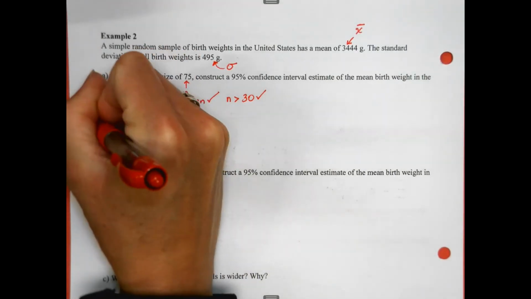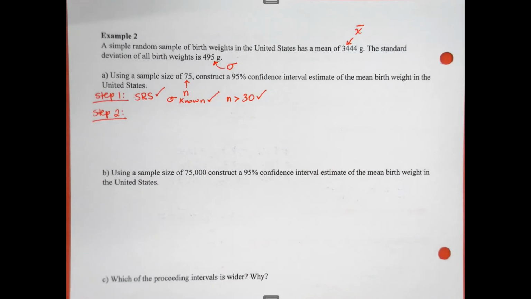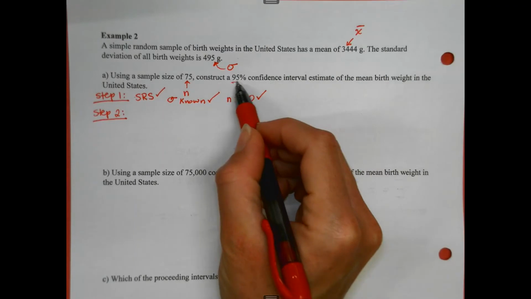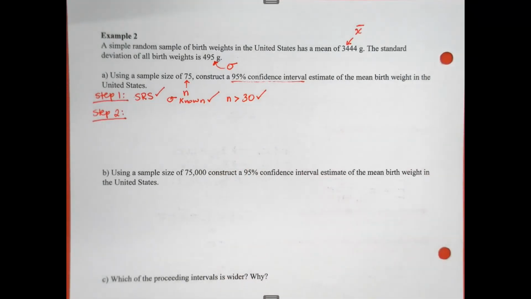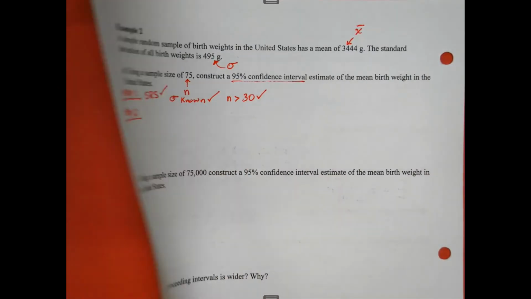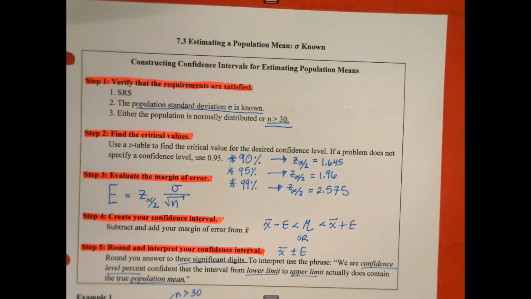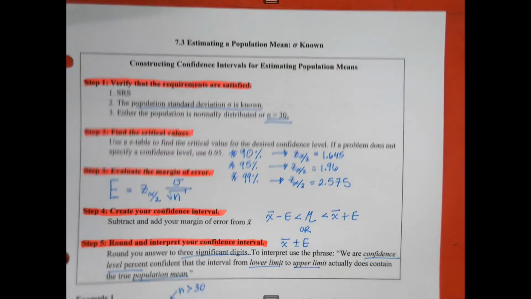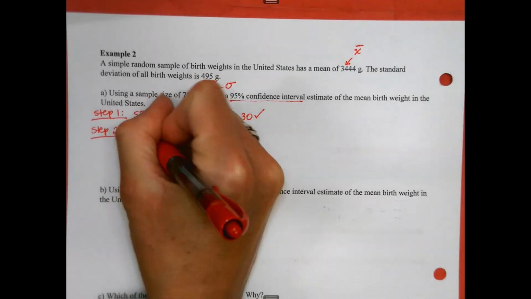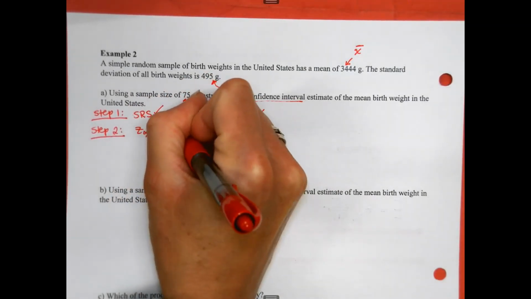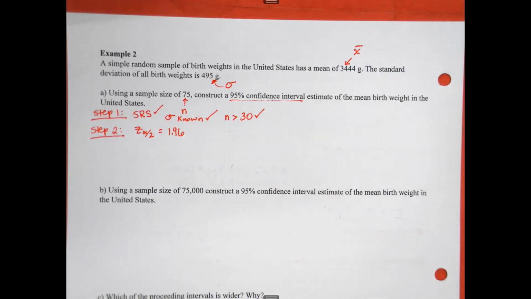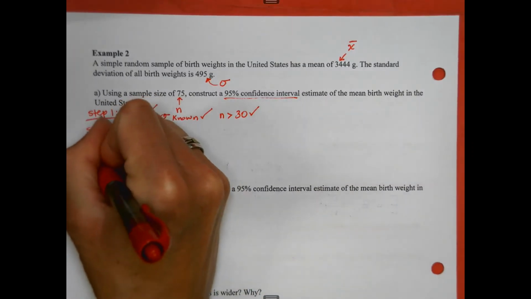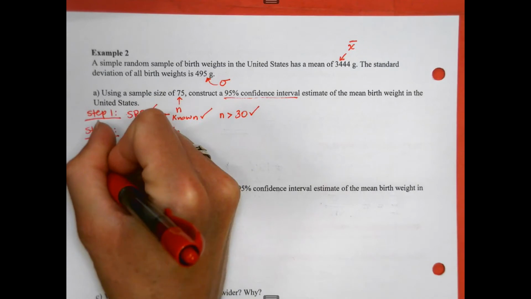Step 2 is to identify our critical values. Since we have 95% confidence, if we remember back, when we have 95% confidence, our critical value is 1.96. Now that we know our critical value, we need to find our margin of error.